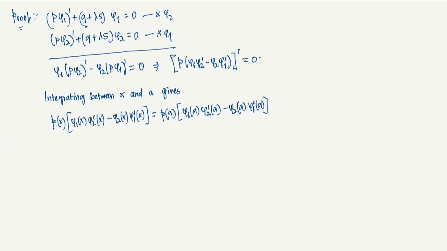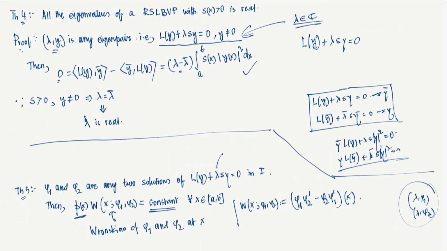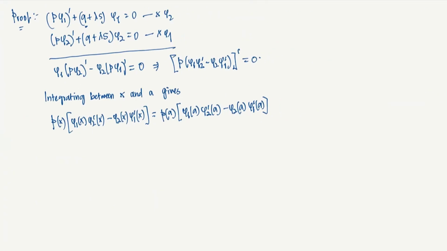Now see this particular term, phi1 at a phi2 prime at a minus phi2 at a phi1 prime at a. Of course it depends on phi1 and phi2, but all of that is fixed and p is fixed.